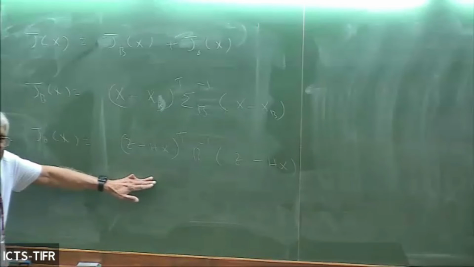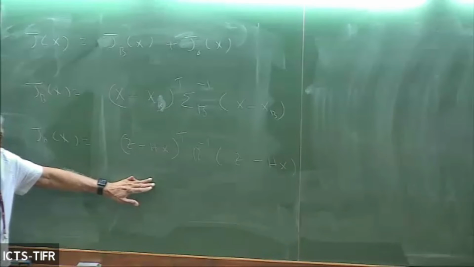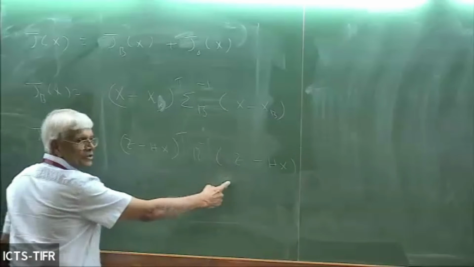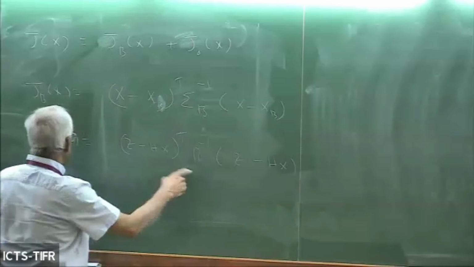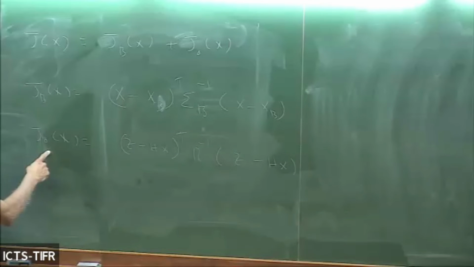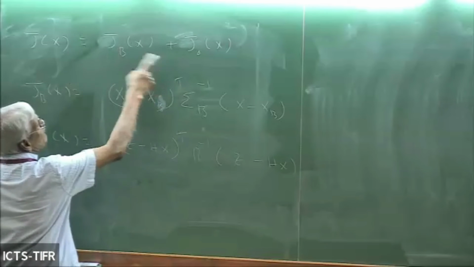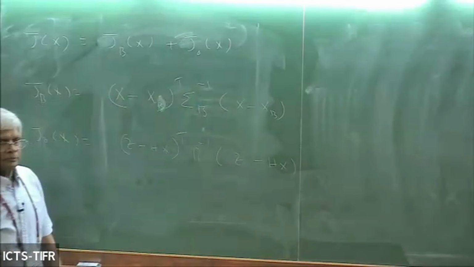Now, do you see, he's our old friend? Without this we saw yesterday, with this we saw today. If I had only observation, I would have only considered Jo. I have another information. I'm going to combine the two. So this is the combined objective function.